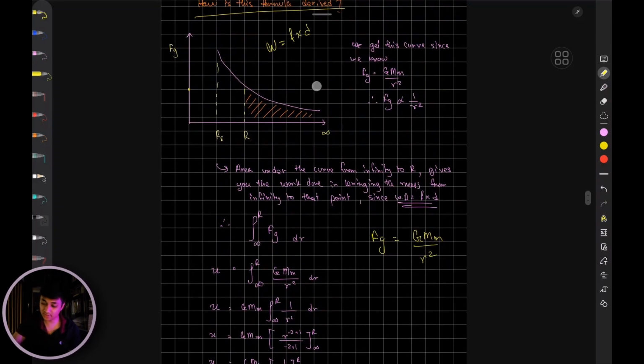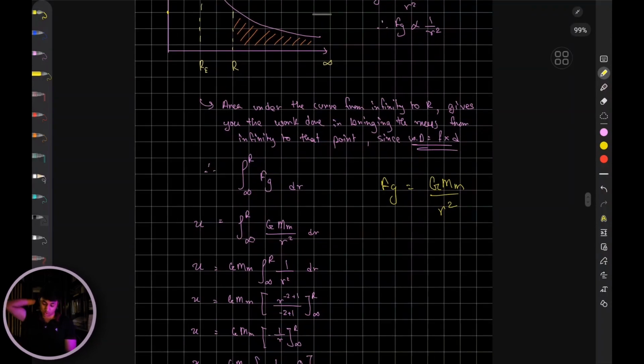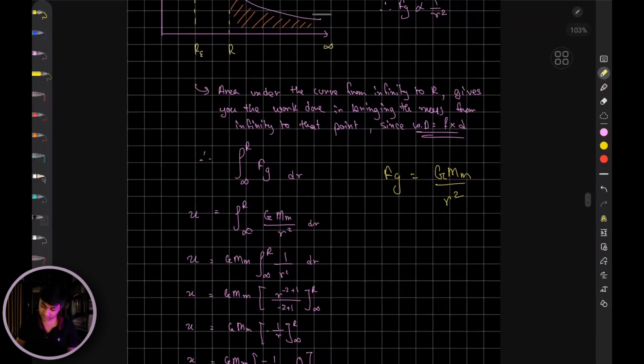This shape of the curve is again due to the proportionality of 1 by R squared. Integrating Fg from infinity to R is going to give you the gravitational potential energy.